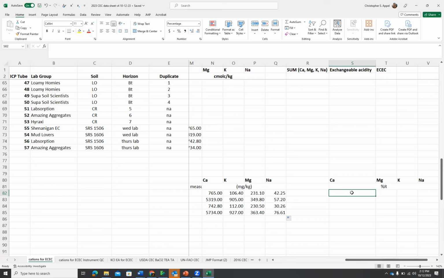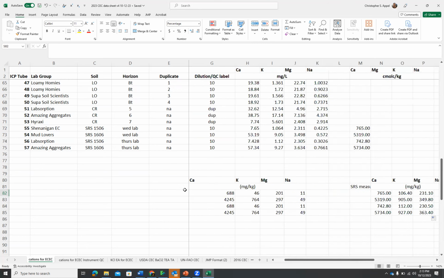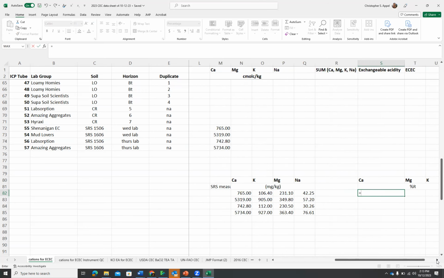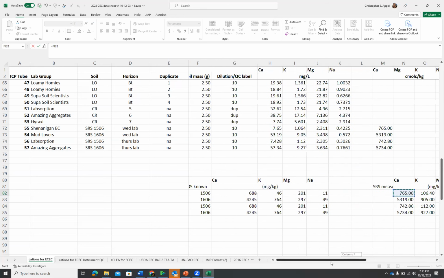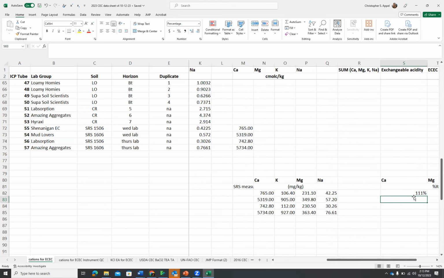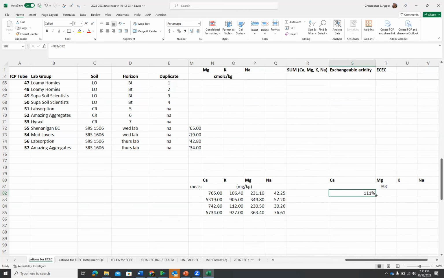Next to it is the known, here's what is known, that was given to us. Measured over known, times 100. That equals measured divided by the known. And make it a percent if it's not already a percent, and just fill it across.